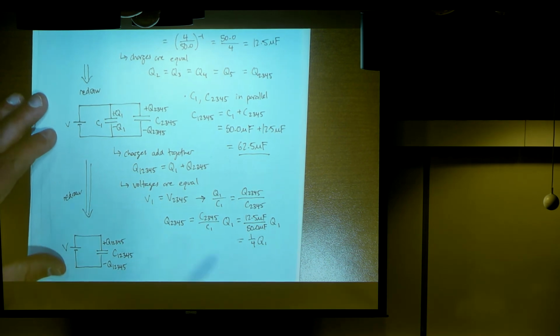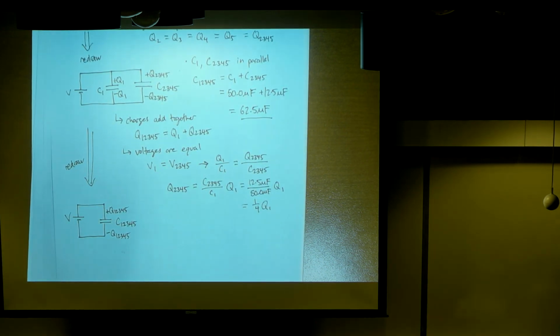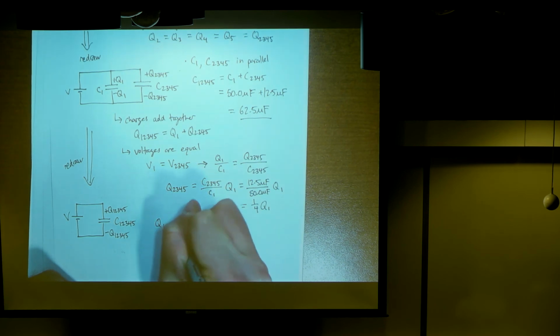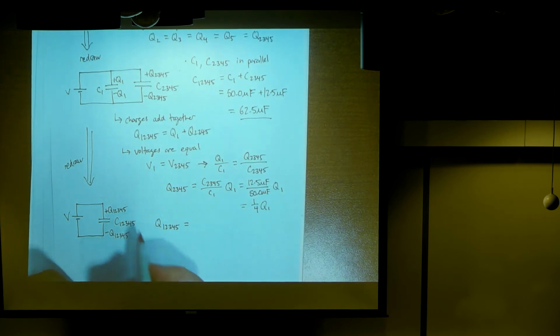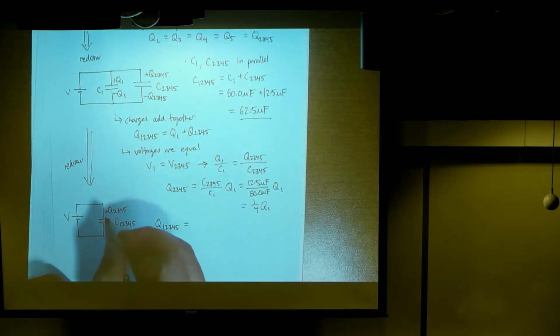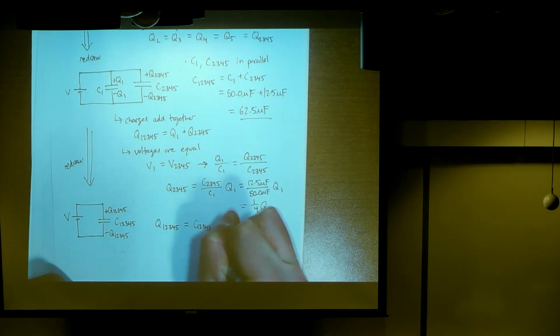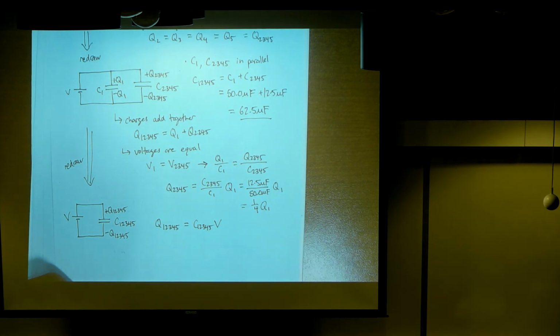If you don't want to write all those subscripts out, you could just say CEQ, but I'm going to do it this way, okay? So how do I find that total charge Q1, 2, 3, 4, 5? Yeah, because that would just be the capacitance times the voltage for my combined capacitance. C1, 2, 3, 4, 5 times V. Does that make sense?